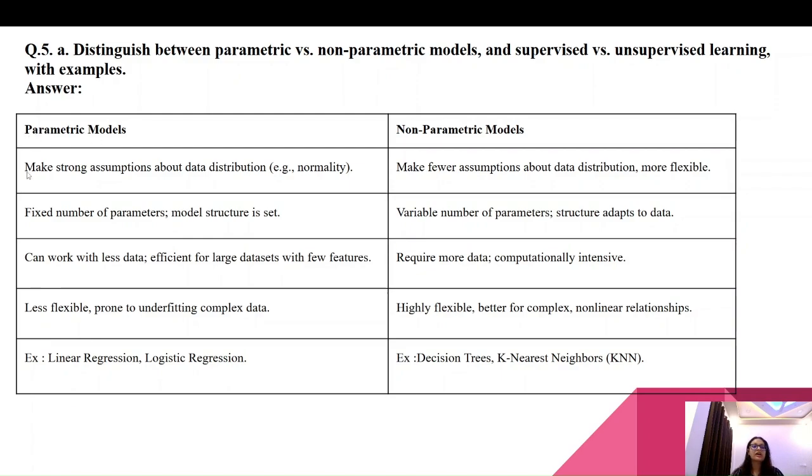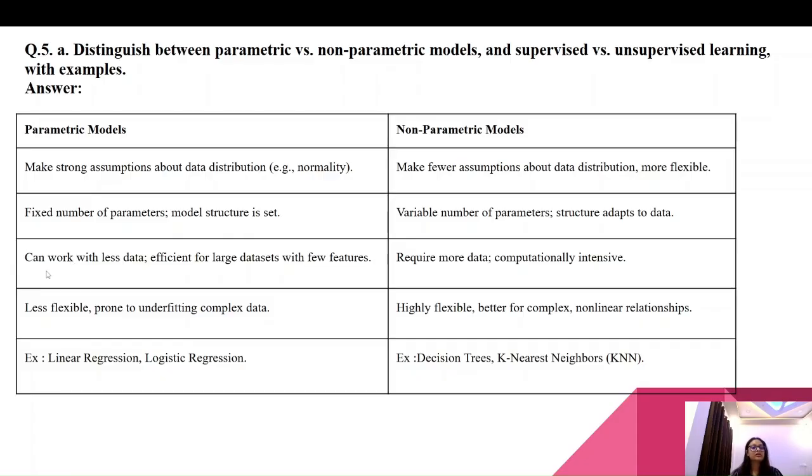Parametric models make strong assumptions about data distribution, for example normality. Non-parametric models make fewer assumptions about data distribution and are more flexible. Parametric models have a fixed number of parameters; the model structure is set. Non-parametric models have a variable number of parameters; the structure adapts to data.